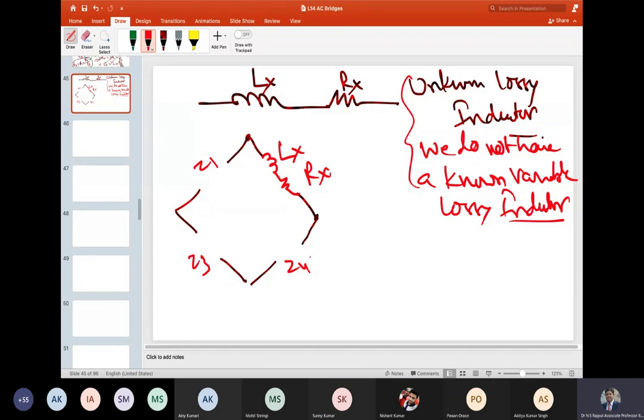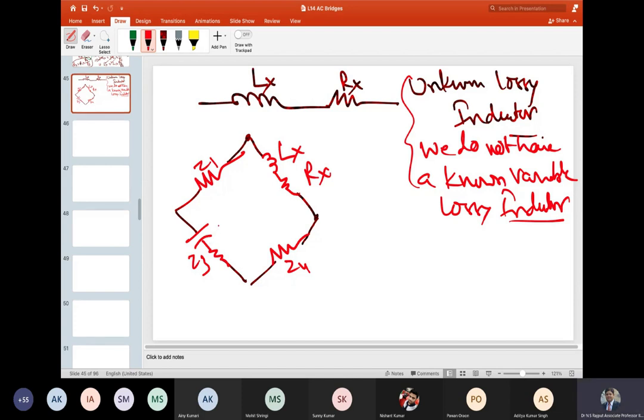Okay, but in this case, what is going to happen? Since I do not have a lossy inductor, I cannot place it here. Okay, so still to do the honors, what we can do, I can place a resistance here, place a resistance here, right? So Z1 and Z4 are resistive, and at Z3 I can place a known lossy capacitor, right?